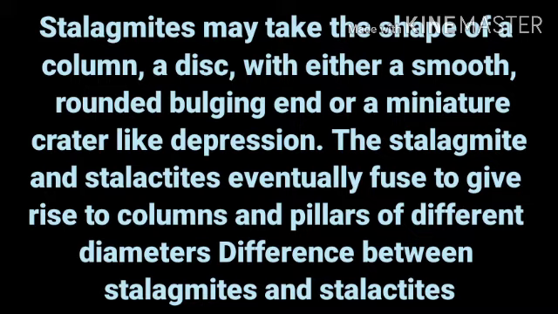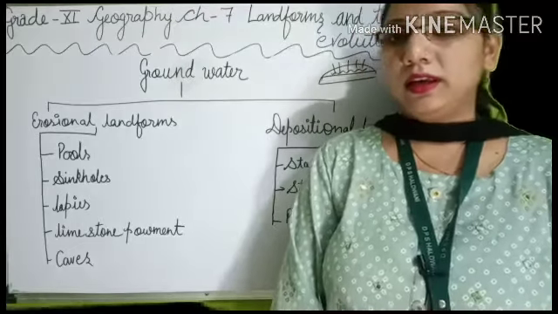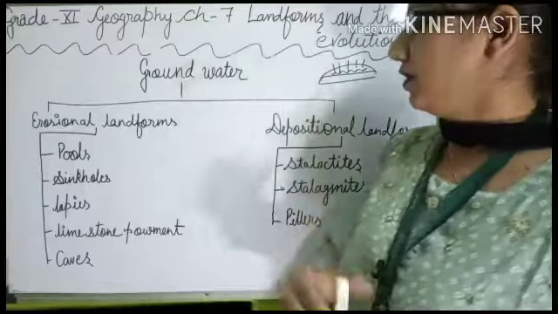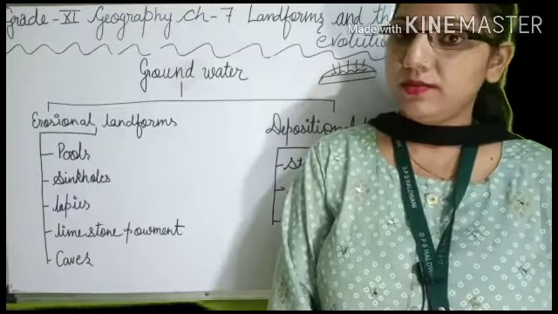The stalagmites in future can be shaped as a column, and the stalactites eventually fuse to give rise to columns and pillars as well, of different diameters. Differences between stalactites and stalagmites. So students, here the groundwater and its landforms are complete.